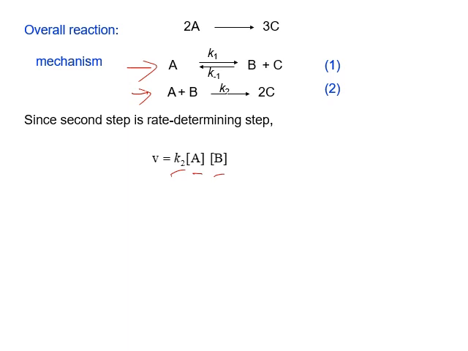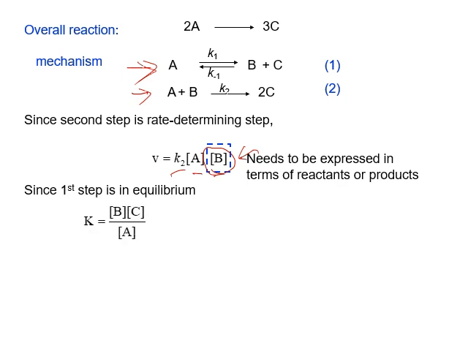Now, because the overall rate law involves an intermediate, we need to express this intermediate concentration as a function of reactants or product. We use pre-equilibrium approximation for the first step, and we write an equilibrium constant for the first step as product divided by reactants.